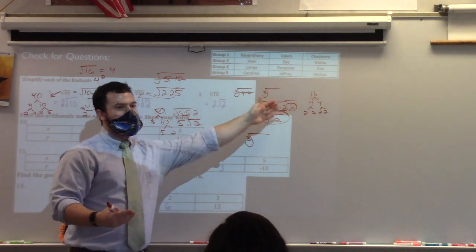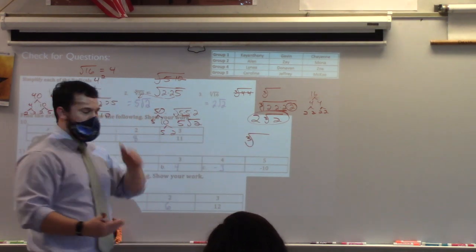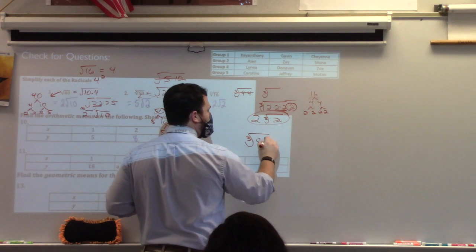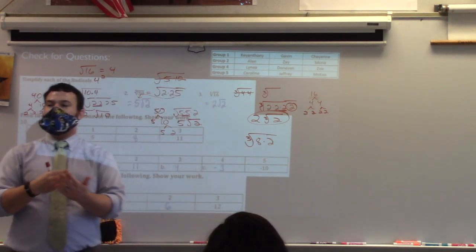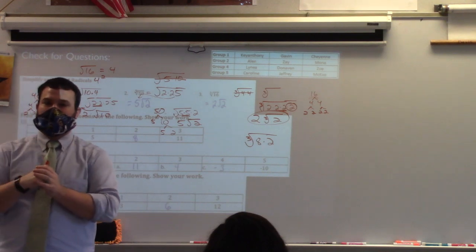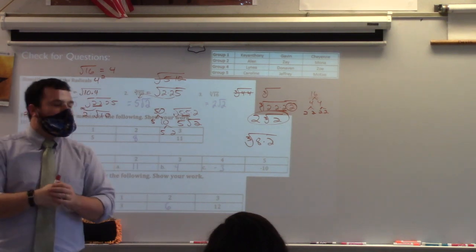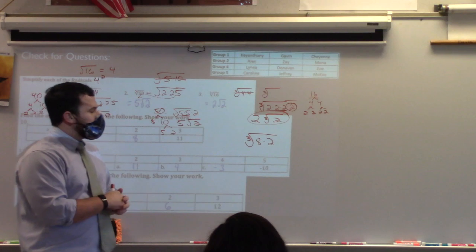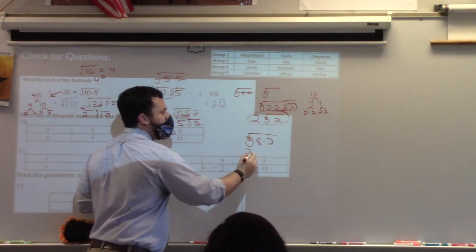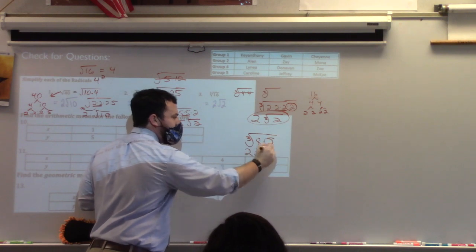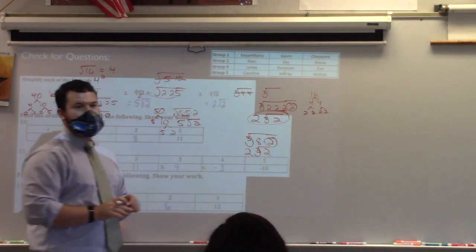What is 2 times 2 times 2? 8. That is a perfect cube. What I would have looked for is something that is being multiplied by itself three times. And 8 does that. What is the cube root of 8? 2. And so the 2 comes out, and then this 2 stays underneath.